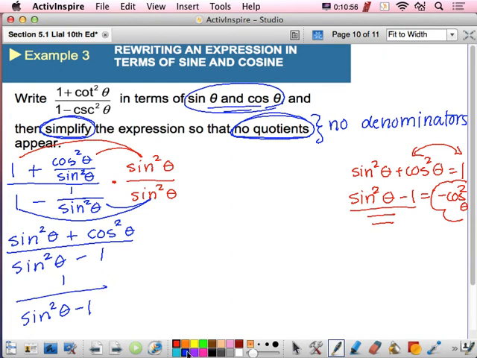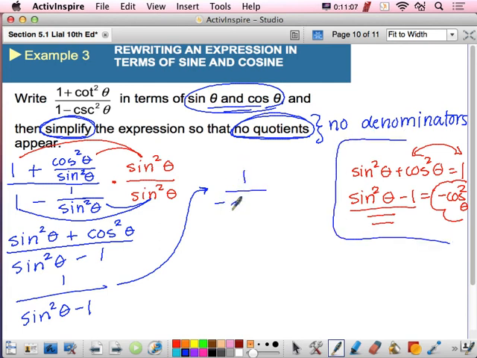So going back to our problem over here, we'll bring this up here, and we will make this substitution. Just kind of box it off. We have 1 over negative cosine squared of theta. Well, what is 1 over cosine? Secant. So that's really negative secant squared of theta.